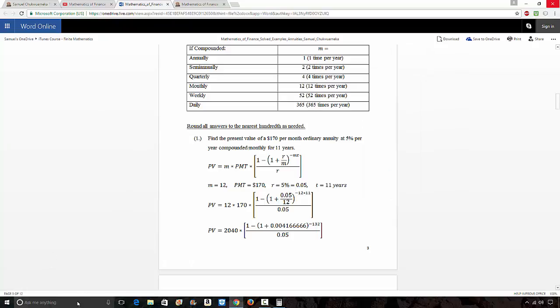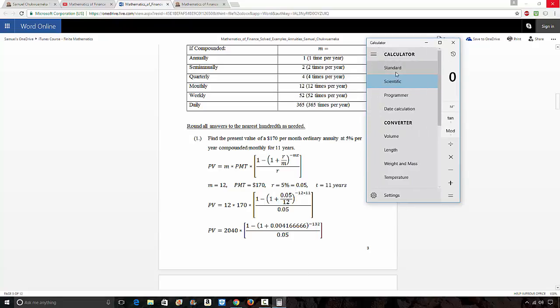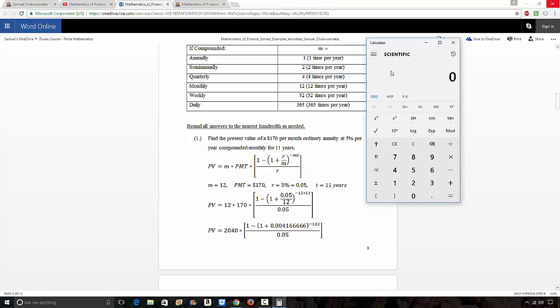That is if you're not using Windows 10. But if you're using Windows 10, you can just type in here on this Cortana. Just type in calculator and you get this one here. Usually when you pick this, if it is your first time opening it, it is in standard view. And you want to click here and put it in scientific view.